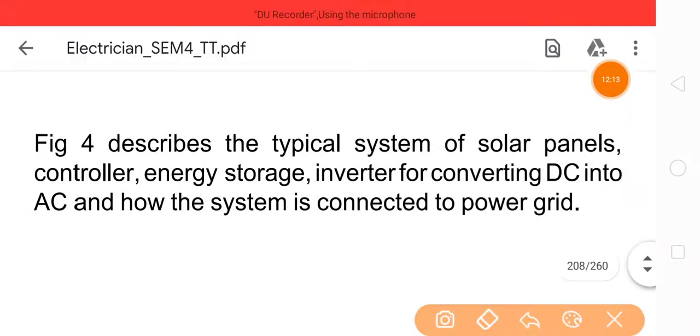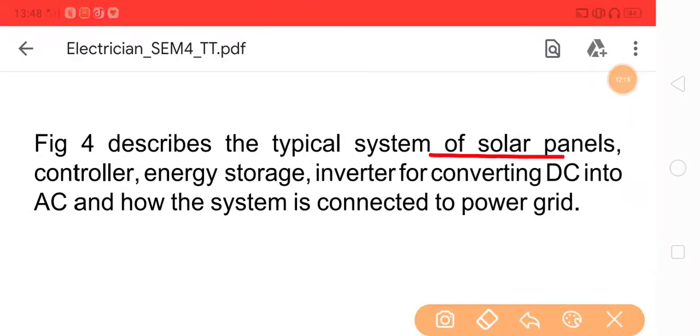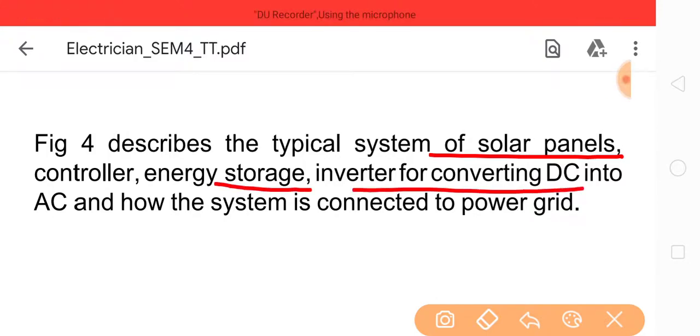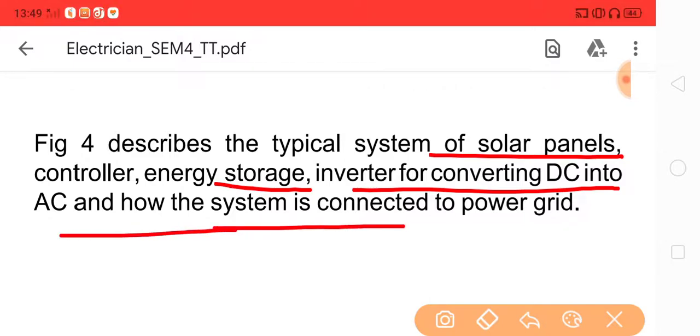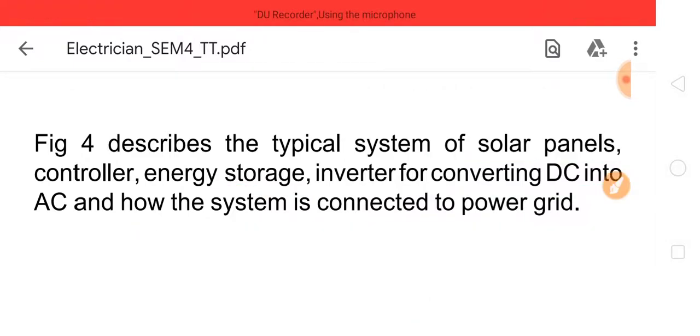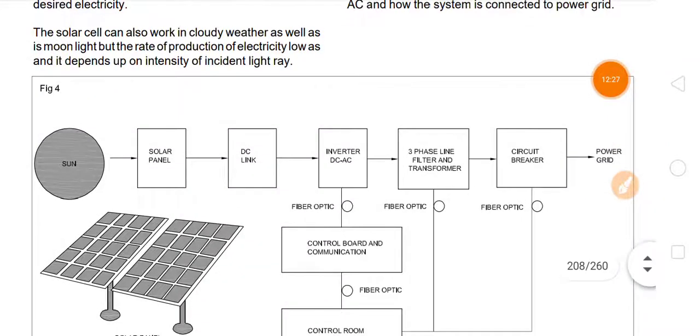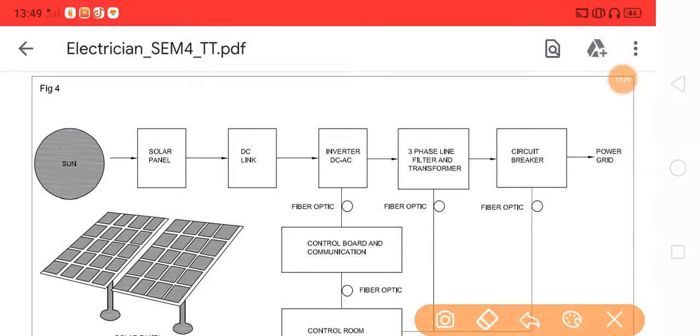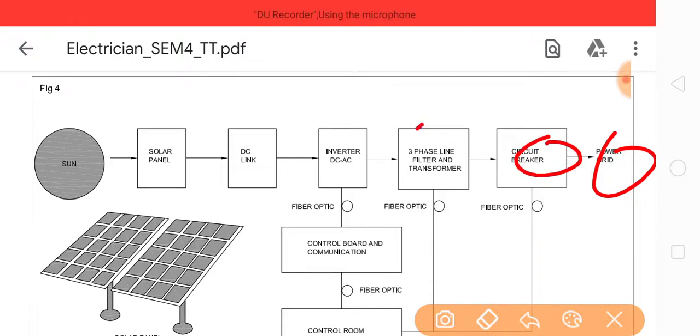Picture 4 describes the typical system of a solar panel, controller, energy storage, and inverter for converting DC into AC, and how the system is connected to the power grid. Picture 4 shows the power grid and circuit breaker connected to a three-phase line, filter and transformer, and the connected inverter DC-AC and DC links and solar panels.